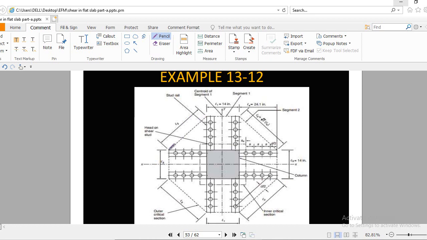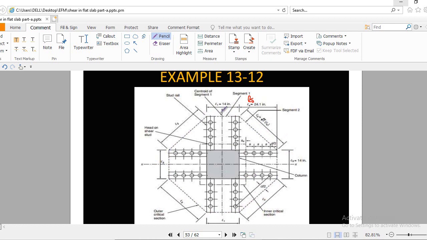This inclined dimension is L2, and this dimension from the last stud to the face of the column is Ls, and we will calculate this 24.1. Remember, the face of the column is L1, which is 14 inch, it is given, and we will find out this total dotted peripheral distance, or peripheral circumference, you can say, this perimeter.